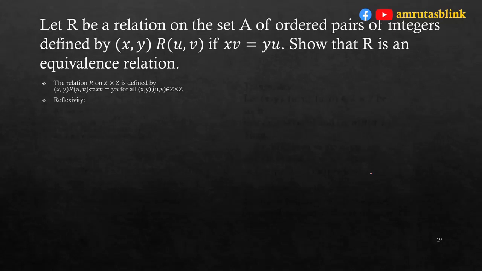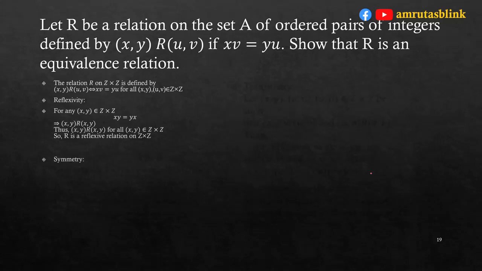Now let's suppose for any (x, y) which belongs to Z Cartesian product Z, obviously we know that xy is always equal to yx. Hence (x, y) R (x, y) is always true, and hence (x, y) R (x, y) for all (x, y) belonging to Z Cartesian product Z, and hence this relation is always reflexive. Now we'll check whether it is symmetric or not.